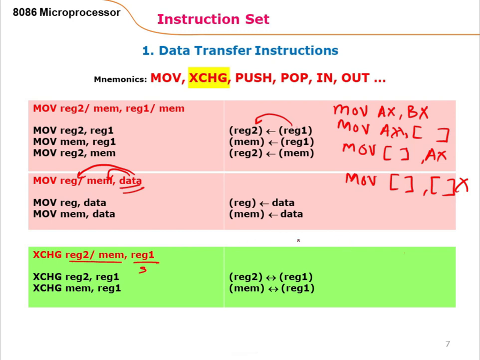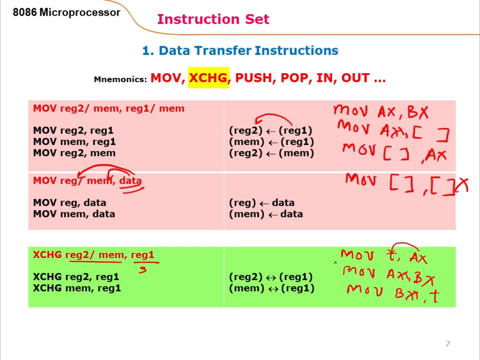Now this exchange instruction is equivalent to the following. Suppose we use a temporary variable. The value of AX is copied to the temporary variable, then we copy the value of BX into AX, and then we use MOV BX, comma, T. So the contents of AX are first transferred to a temporary variable or temporary register, then we copy the contents of BX to AX, and then we copy the temporary variable into BX.